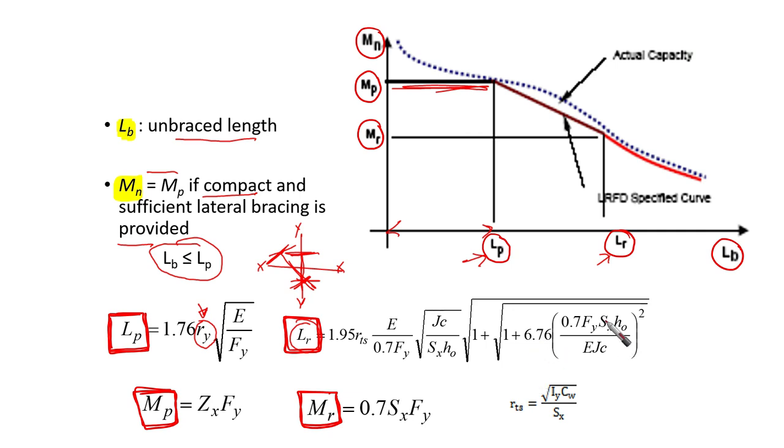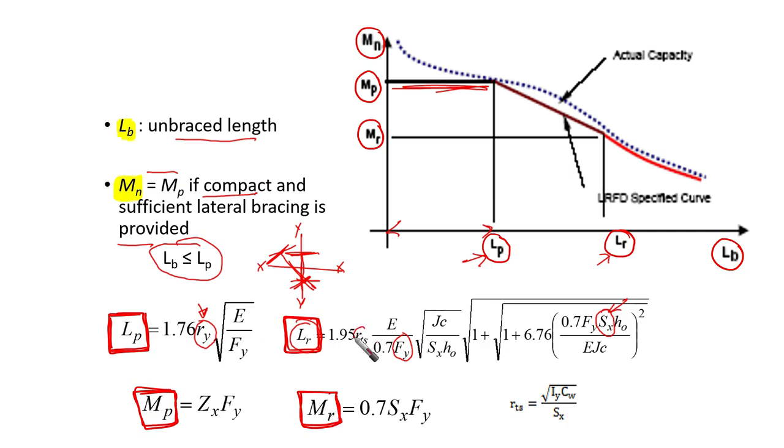For example, SX, elastic section modulus. Okay, this is number one. Number two, you are going to find F yield is always there in every part, but here F yield is outside of any radicals. It's not like this, right?